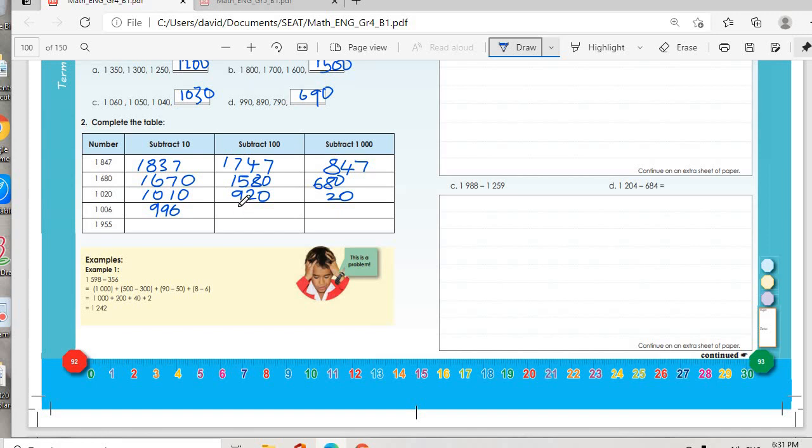Then it becomes 906. Oh, sorry, I wrote 9,000 there. It's 906. Okay. So let me just write 6 there. 906. Okay. Then subtract 1,000. It becomes 6. Okay. Then we move on.